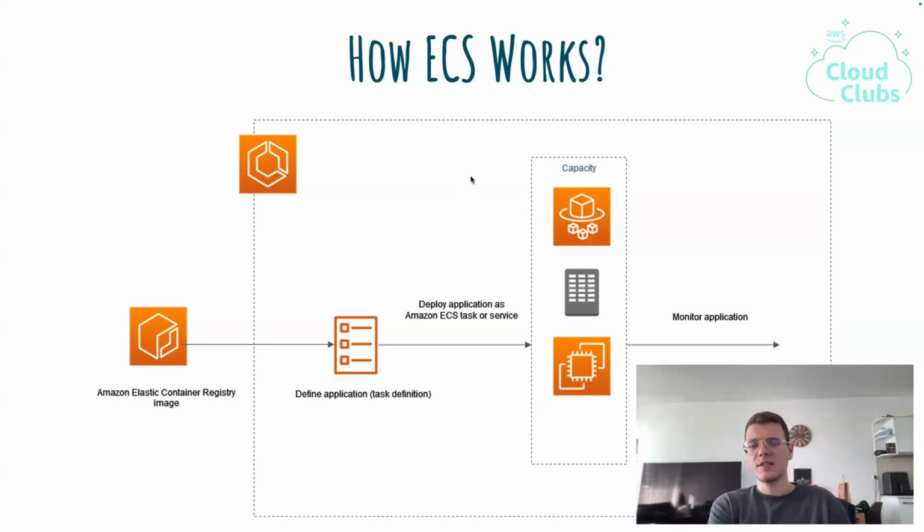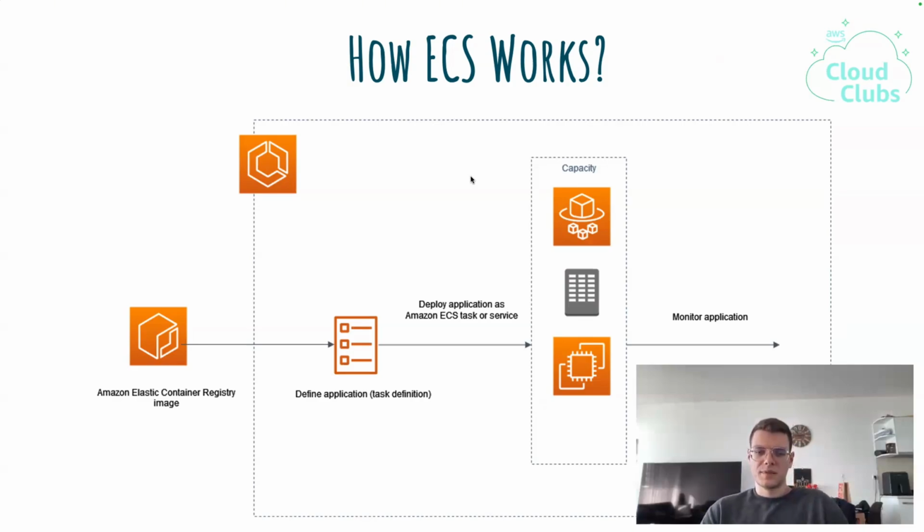But yes, they're JSON based, and we are creating our definitions. And in our cluster, we use those definitions to create tasks. Those tasks are executing the task definitions inside a cluster, which we already talked about. It may be EC2 based, Fargate based, or on-premise.